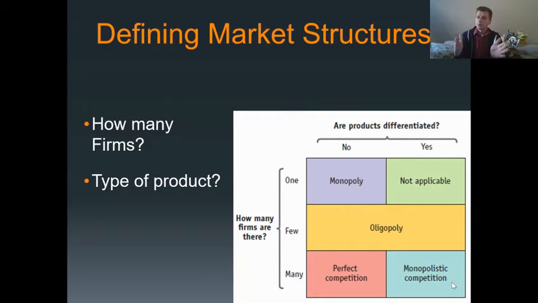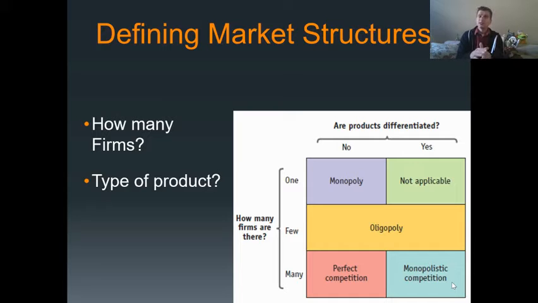Are products differentiated? Well, can you tell one firm's products from the other? That's the idea here. Can you tell my product from your product? If you can't, then they are not differentiated. If you can, then they are. So for monopoly, this doesn't really apply because they're the only ones producing it, so it doesn't matter.